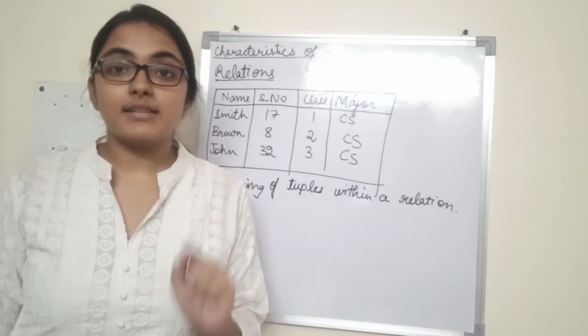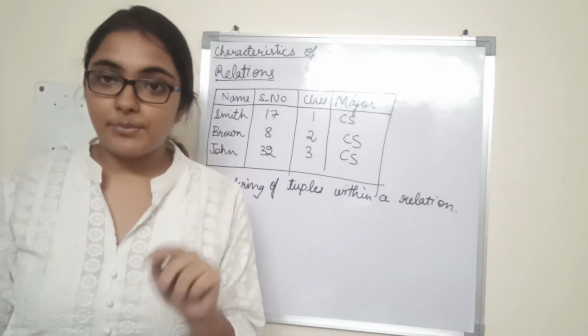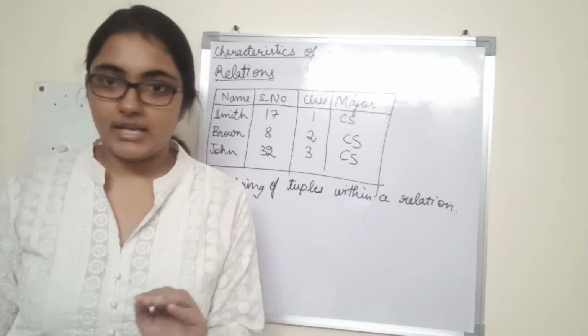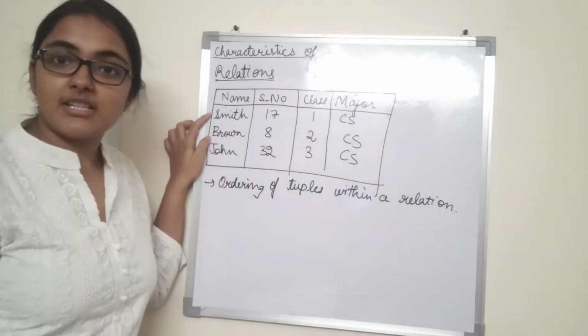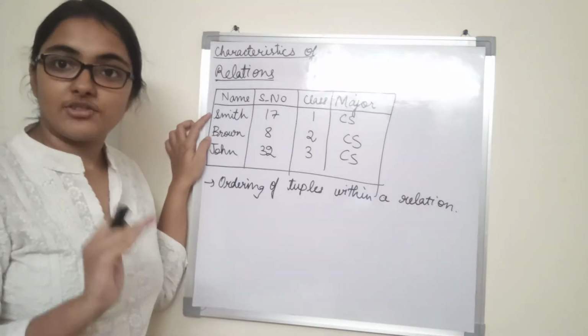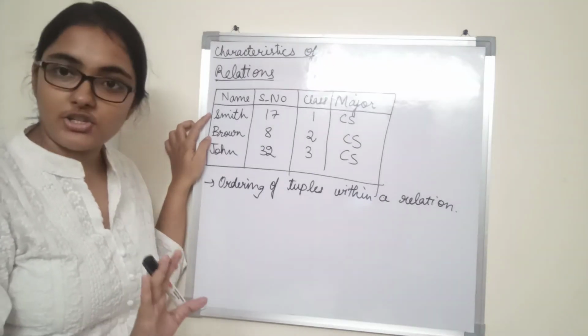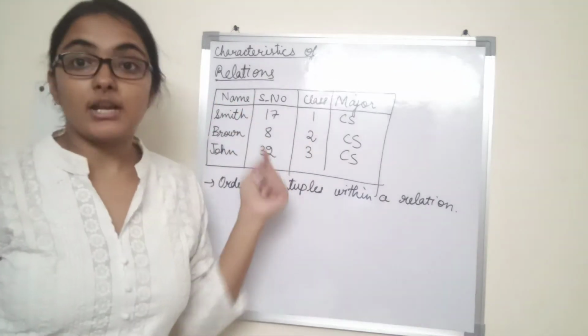Since relation is a set, the elements of the set, that is the tuples within the relation, need not have any order among them. Even if I interchange these two tuples, the relation will not change. The meaning of the relation will not change, right? So the order among the tuples is not important.